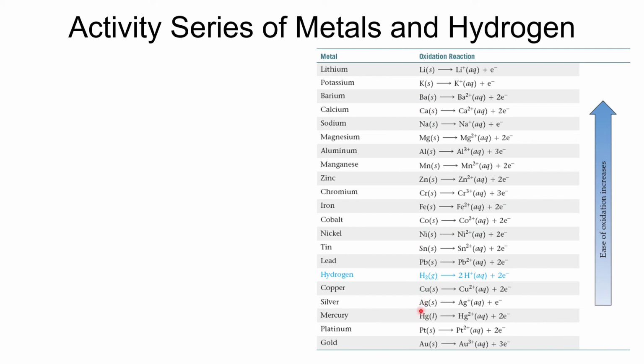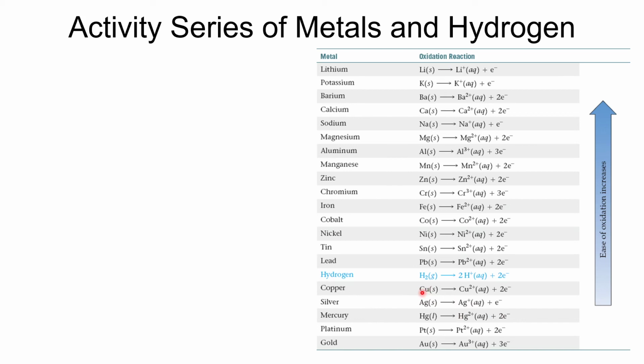So for example, silver, it's still not very reactive, but if you leave silver out, it will get tarnished. And what's happening when silver gets tarnished is that it's reacting with some of the sulfur that's in the air, and you'll get silver sulfide. Same thing with copper. Copper's pretty unreactive.